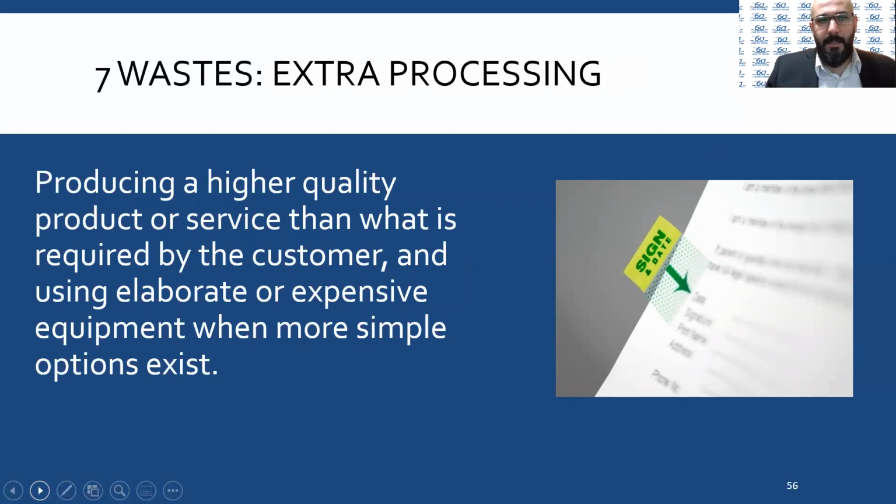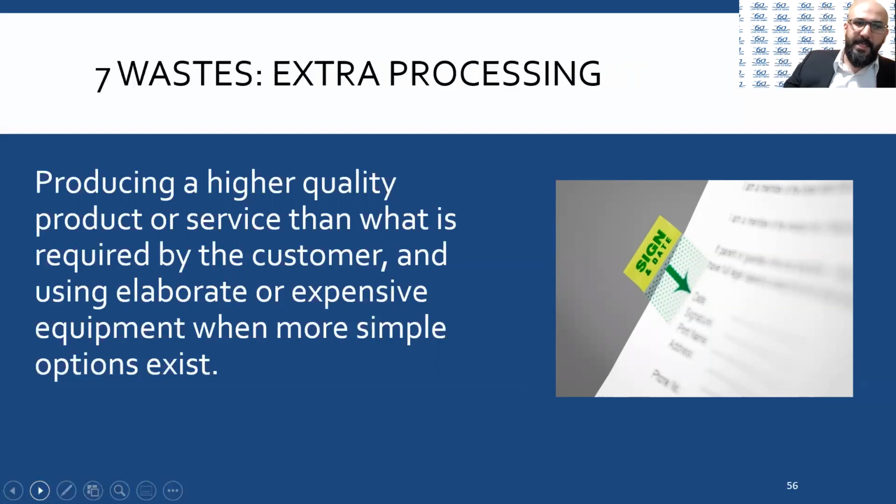Extra processing: producing a higher quality product or service than what is required by the customer, and using elaborate or expensive equipment when more simple options exist. So some people think, well, if I invest in this machine, that will give me better quality.